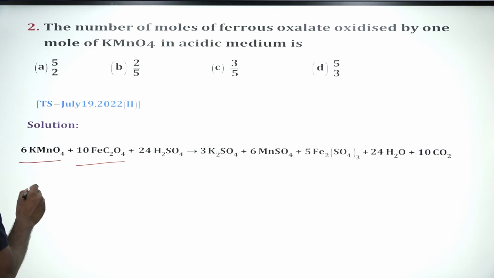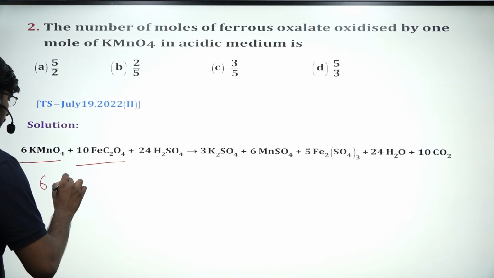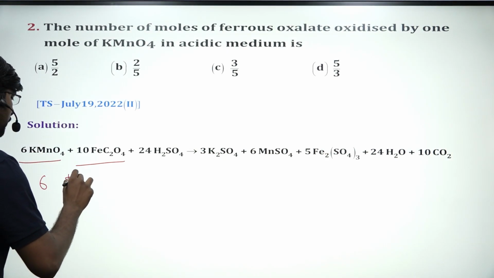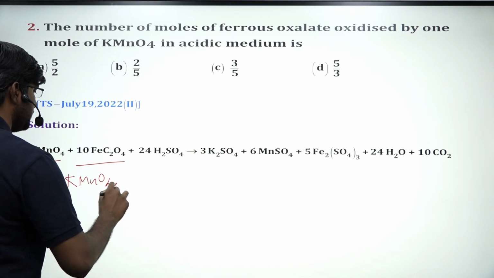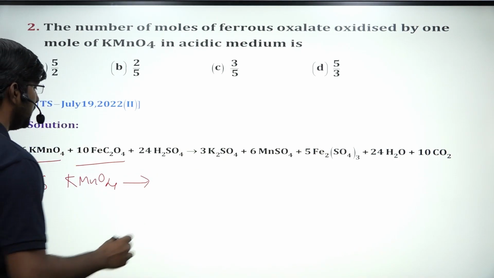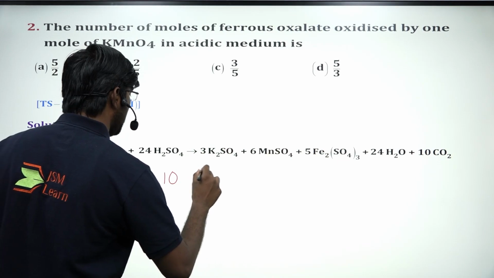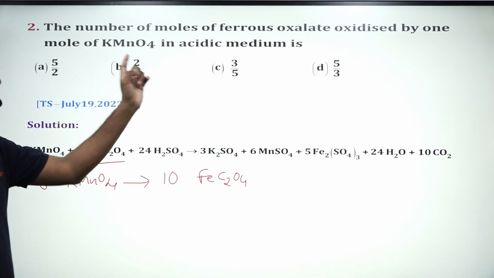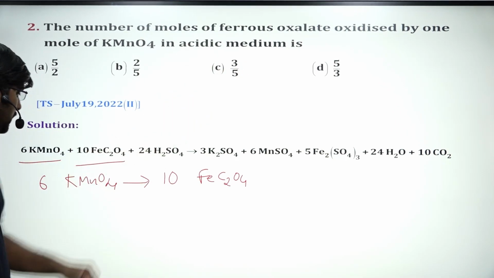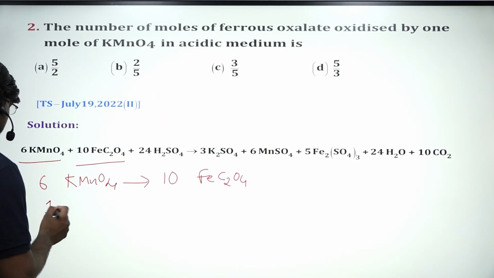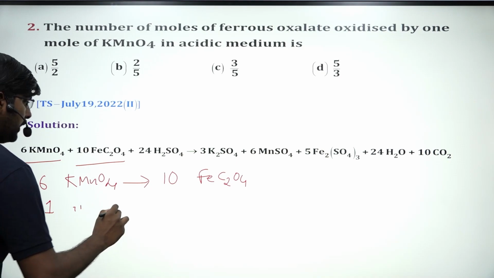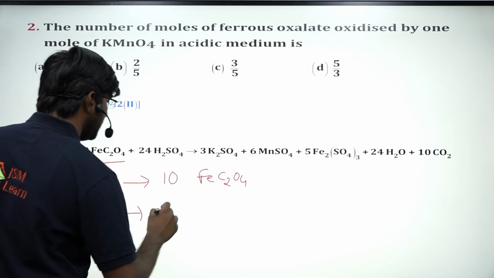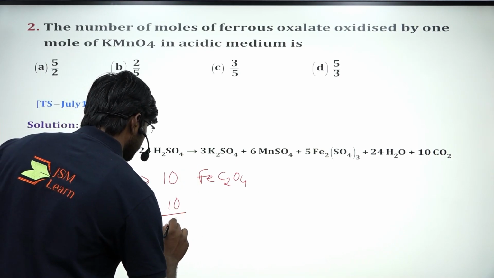Okay, see here, 6 moles of KMnO4 are oxidizing how many moles of ferrous oxalate? 10 moles of ferrous oxalate, and they asked per mole. So for 1 mole of KMnO4, how many moles are oxidized?